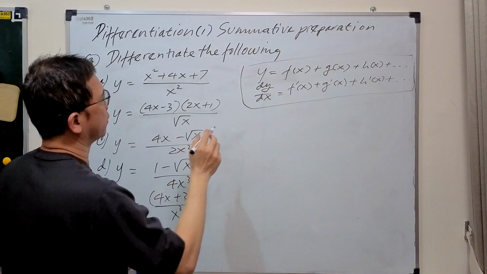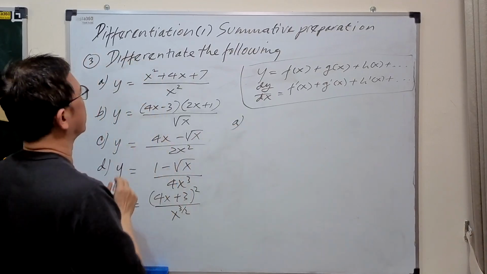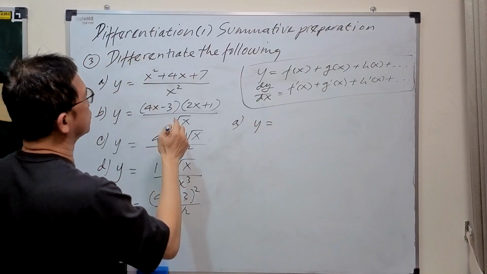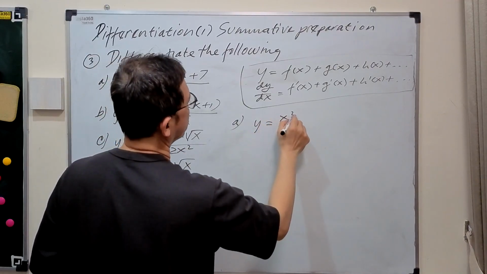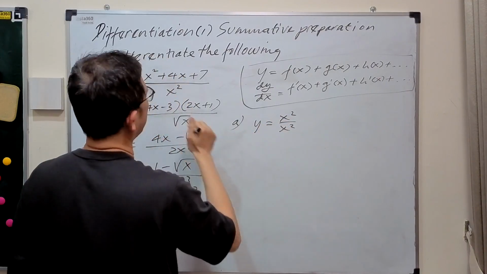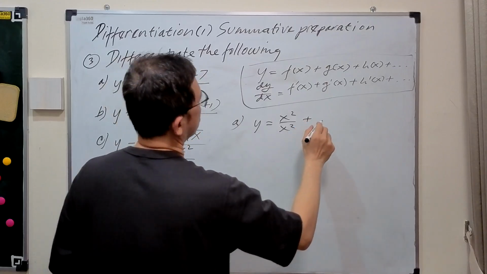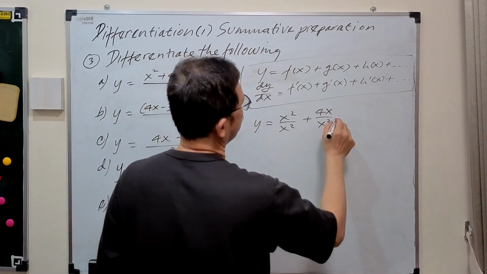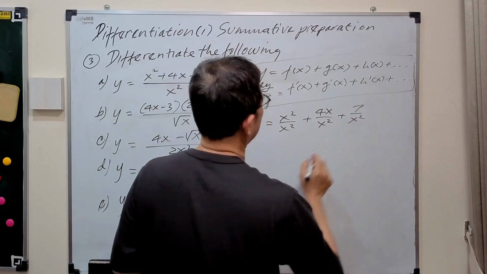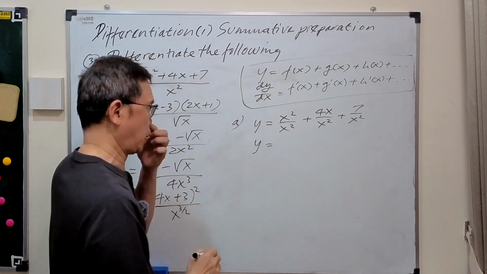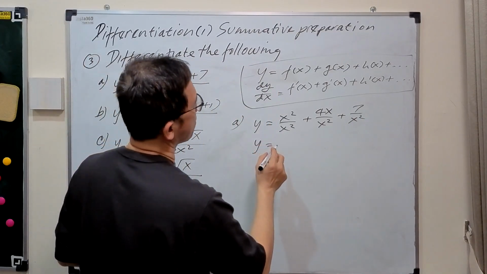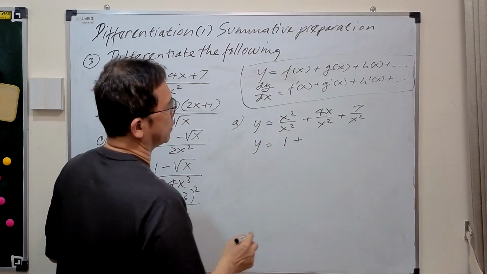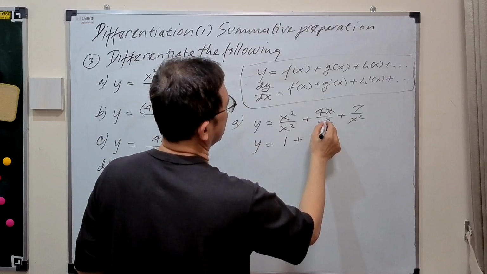So you have to make sure all of them are ready to be differentiated. And then for A, what we do first is divide every term by x squared. For x squared plus 7, this will be 1, plus, and then this can be cancelled out.